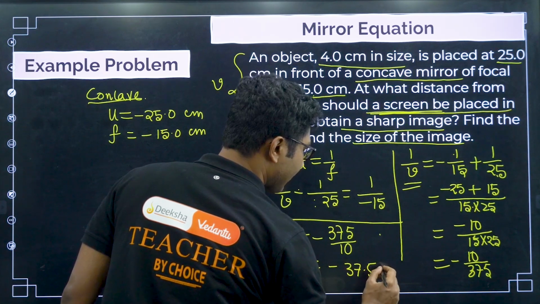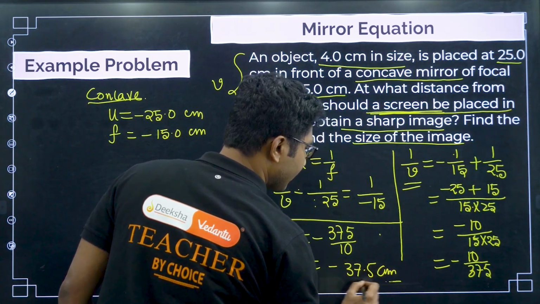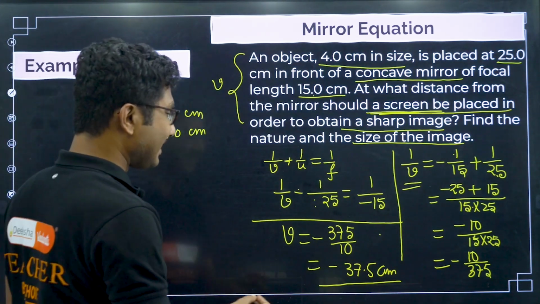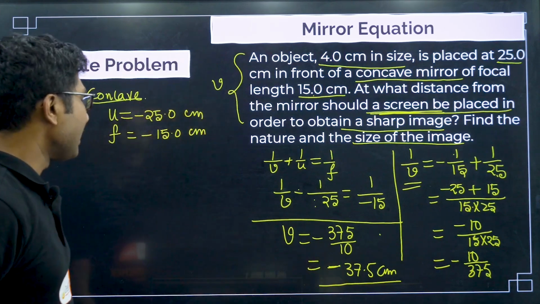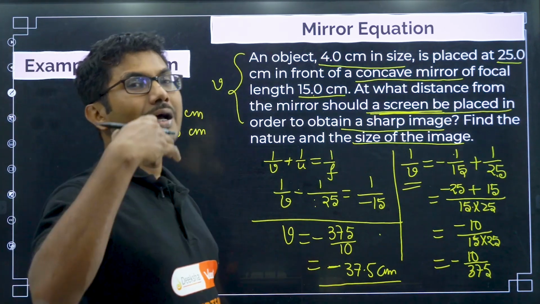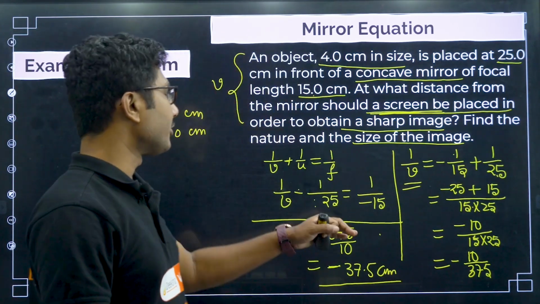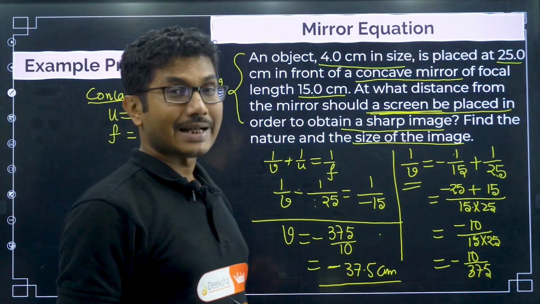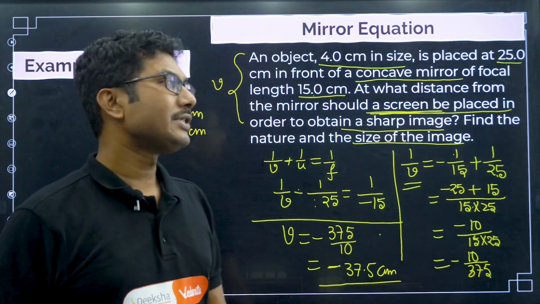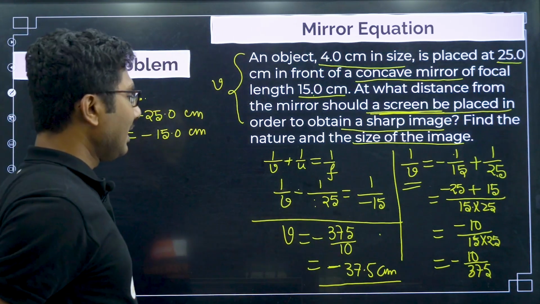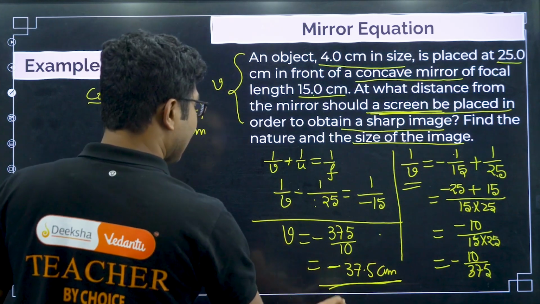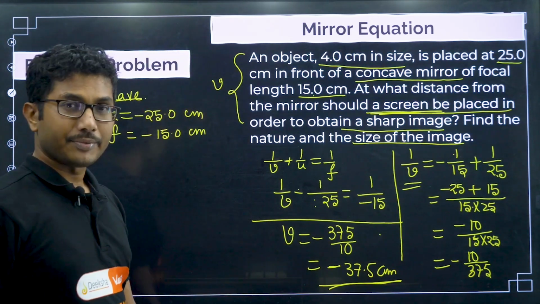So 37.5 centimeter. Now the image distance is negative. A negative image distance represents a real image, on the same side as the mirror, the same side as the object. That means it's a real image, at a distance of 37.5 centimeter from the mirror.